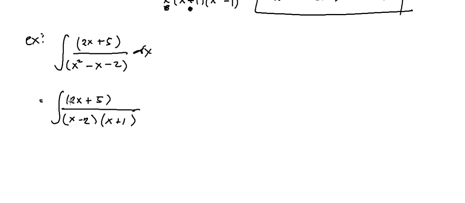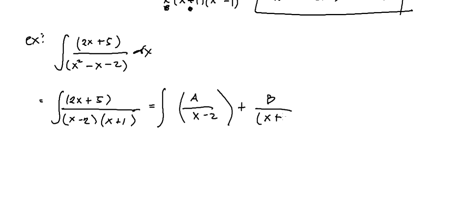Since we already did the algebra here, we can now apply partial fractions, wherein this part is equal to A over (x minus 2) plus B over (x plus 1).